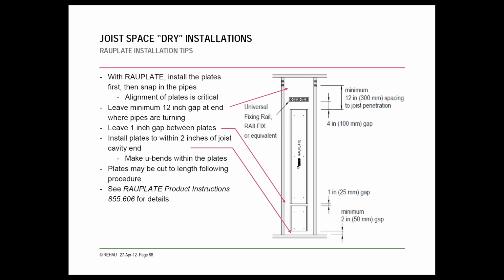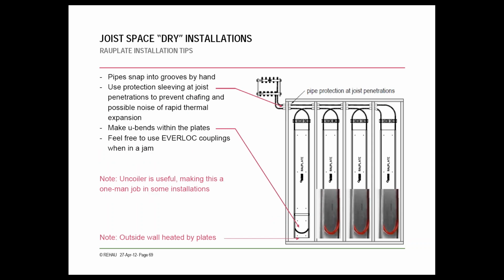In terms of installing the Rao plate specifically, you're going to be installing them in each of the joist bay cavities, then running the tube through each cavity and back to the manifold. This is a nice option if they're all going to be in a uniform area like this, running the headers off to the top and then back to the manifold.